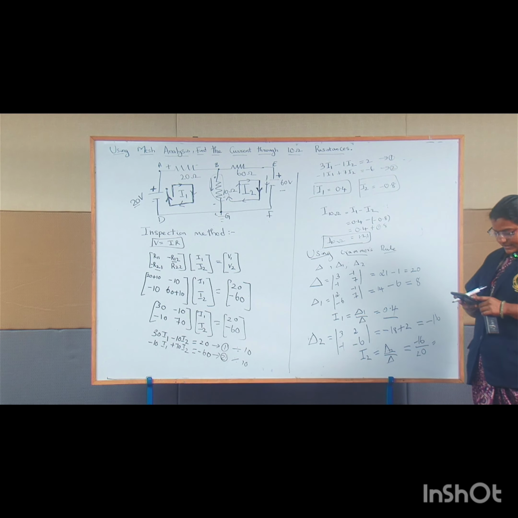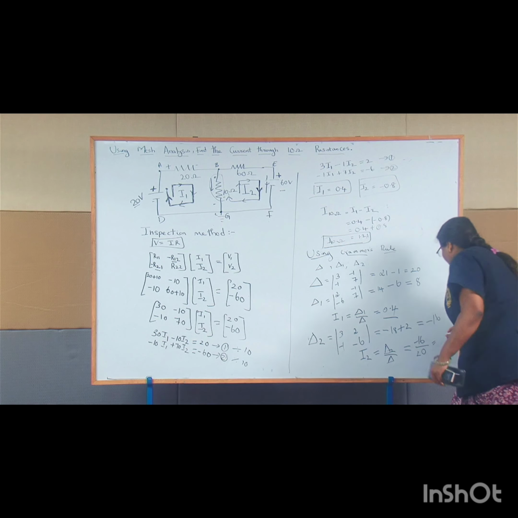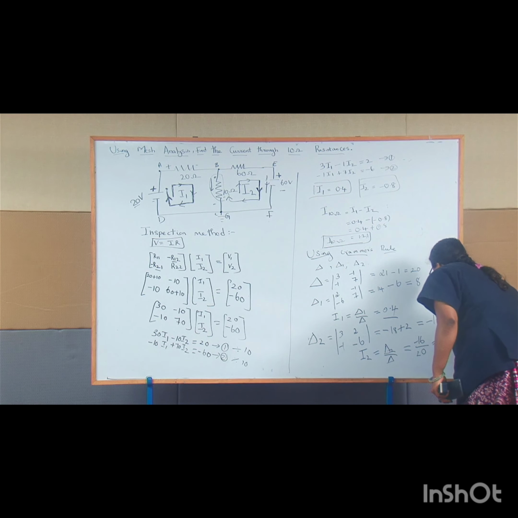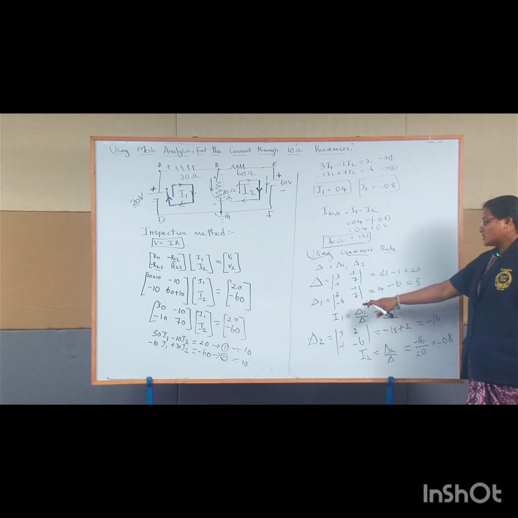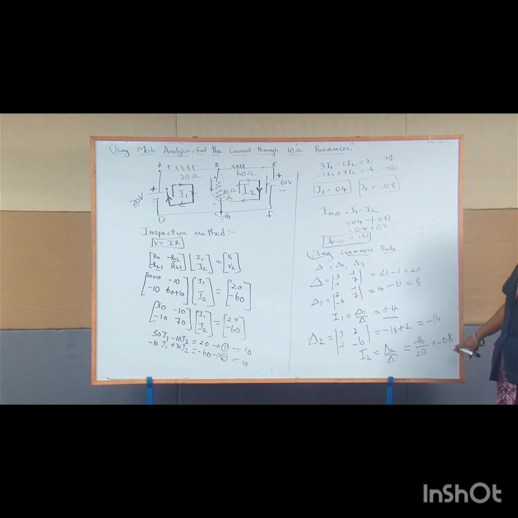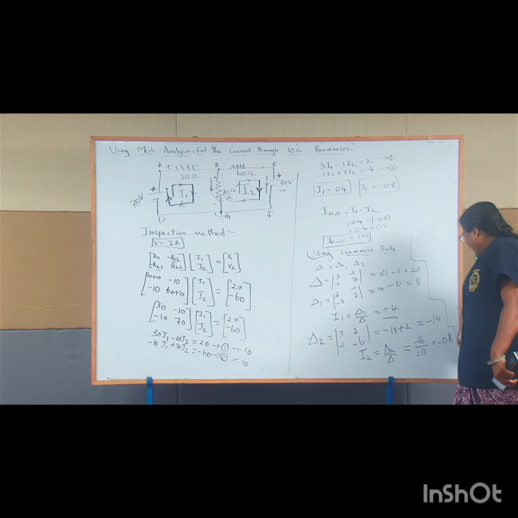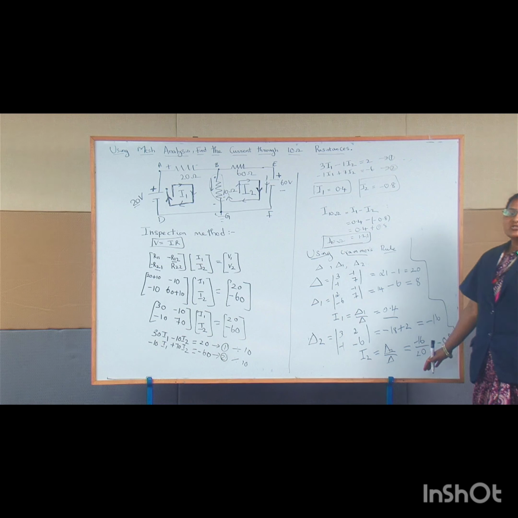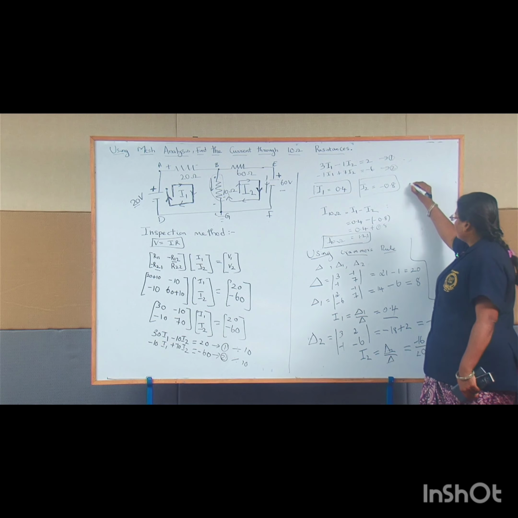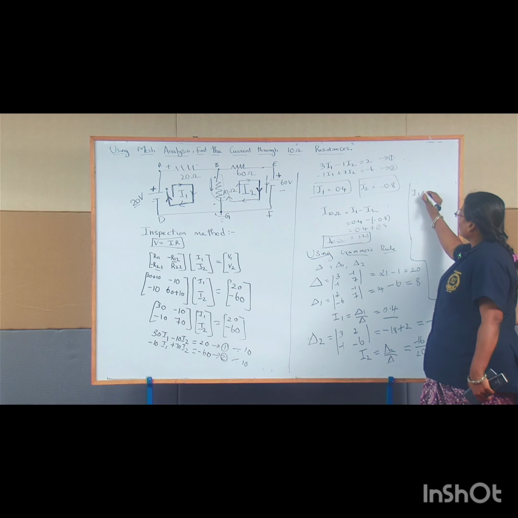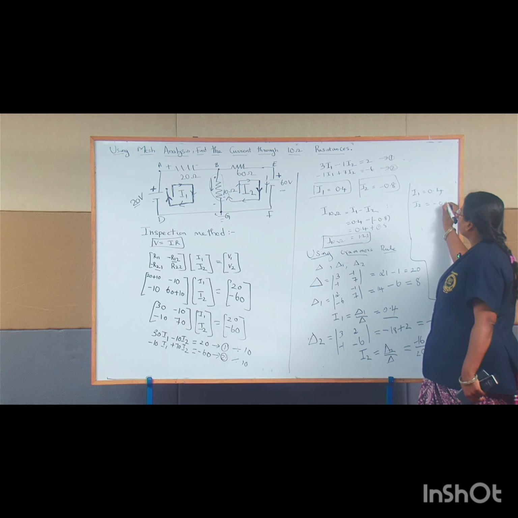So, minus 16 divided by 20 equals minus 0.8. So, I got I1 as 0.4 and I2 as minus 0.8 using Cramer's rule. In all the methods, the answer is the same.